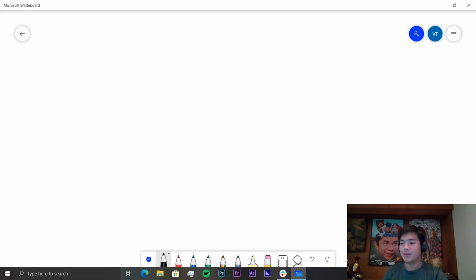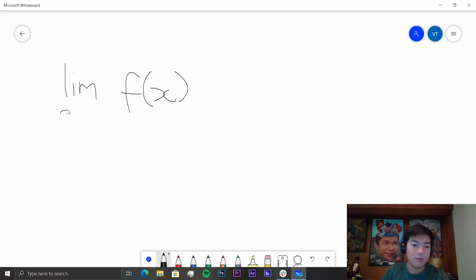So what is a limit? A limit looks something like this. It's a limit of typically a function, f of x, and it will be when x tends to some number, usually c. And what do we do with limits?